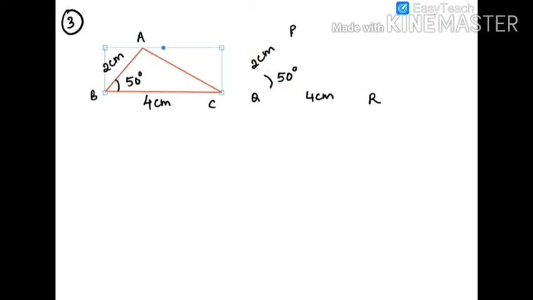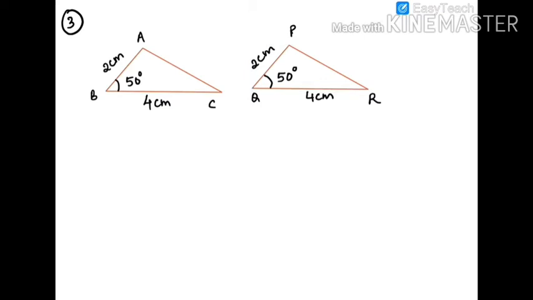So we see that in these two triangles, the sides and the angles are completely covering each other, which means that they are congruent triangles.